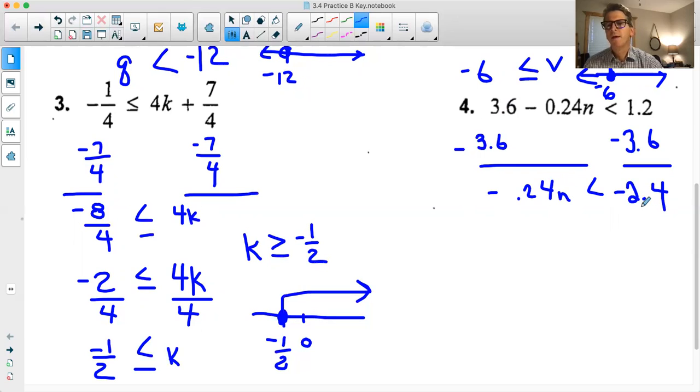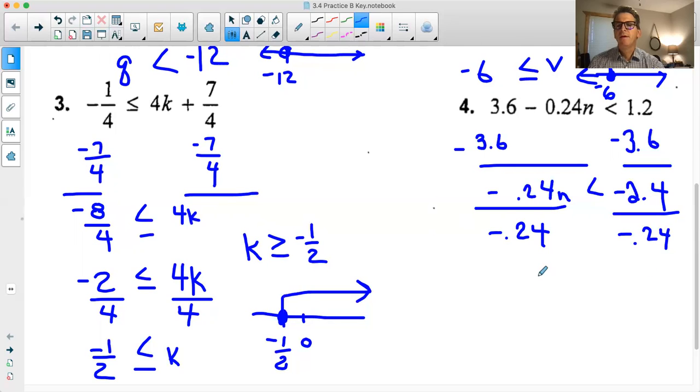Negative 2.4 is less than negative 0.24n. Then we divide by negative 0.24. Since we're dividing by a negative, we're going to reverse the sign.